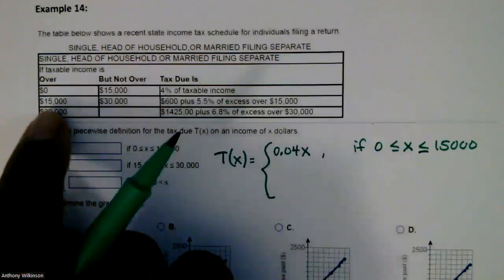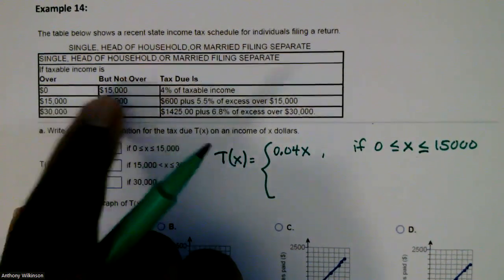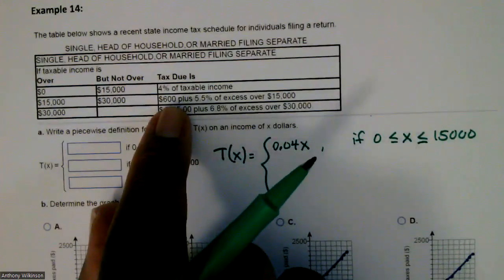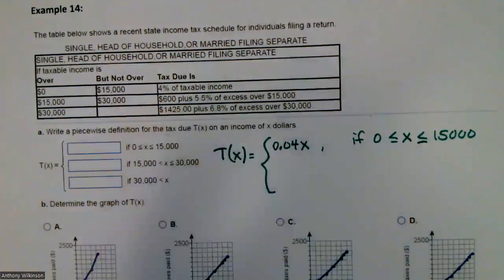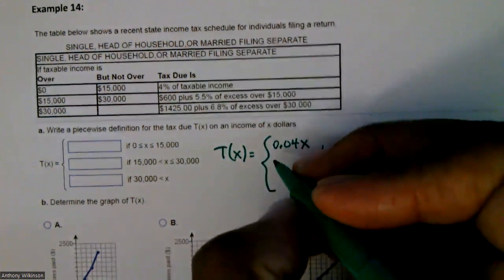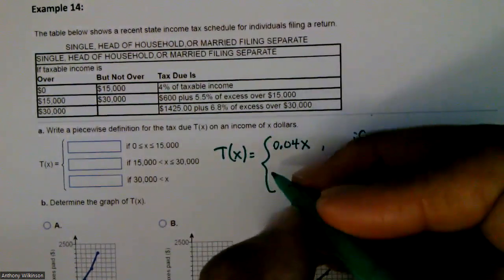Now, the next one is this. If it's over 15,000 but not over 30,000, it's going to be the $600 plus 5.5% of the excess over $15,000. Here they give you the amount plus the amount over 15,000. So in this case, we can write the piecewise function as this.